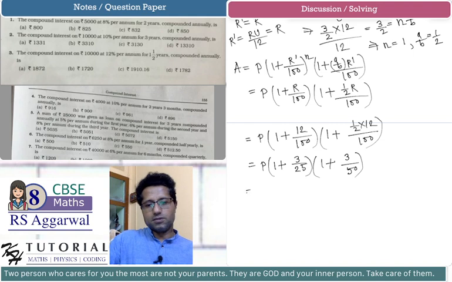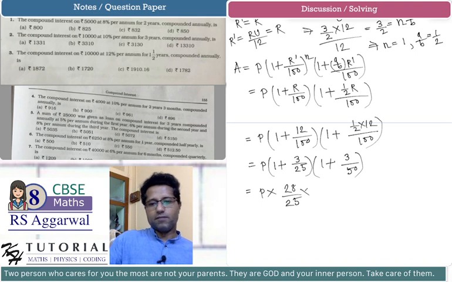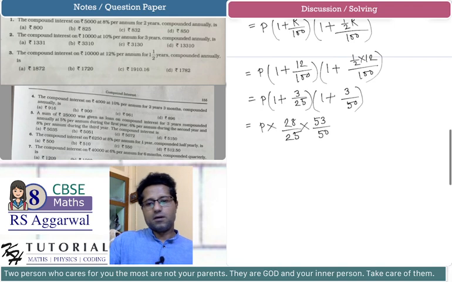So this is P multiplied by 1 plus 3 by 25, which is 28 by 25, and 1 plus 3 by 50, which is 53 by 50.